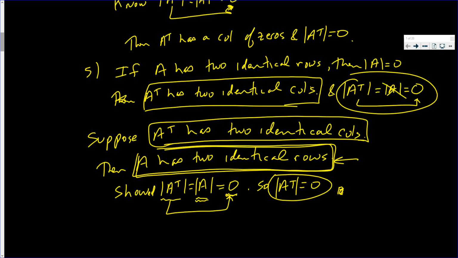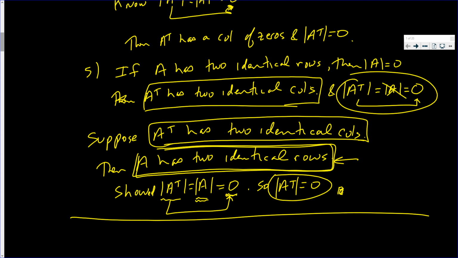Any statement that is true about determinants and the rows, let me try it one more time. Any comment about the determinant of A with respect to the rows is going to be valid for the same statement where you replace rows with columns.